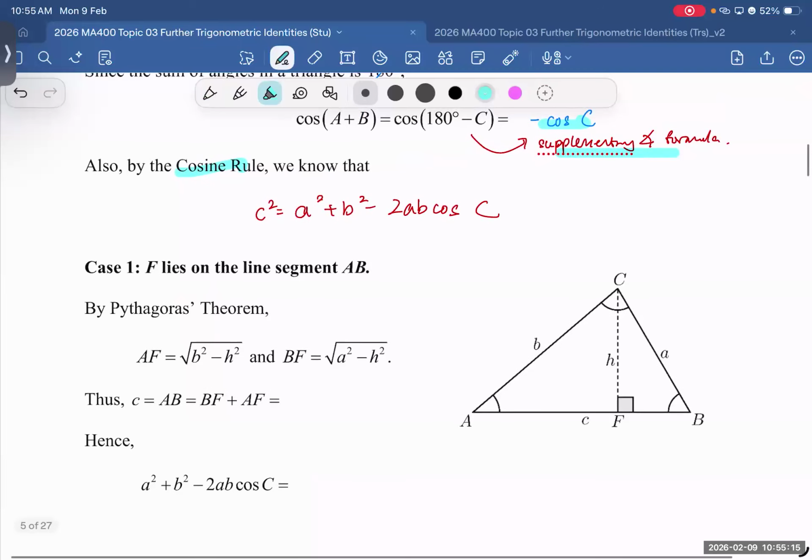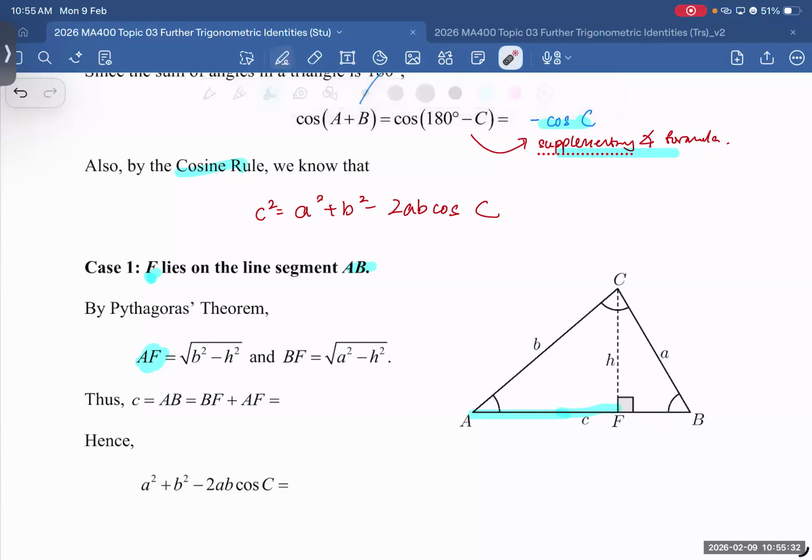Same strategy. Now, if F lies on the line segment AB, can I say that AF over here is the same as square root of B squared minus H squared over this side? Look at this triangle. This is H, this is B. Is that okay?